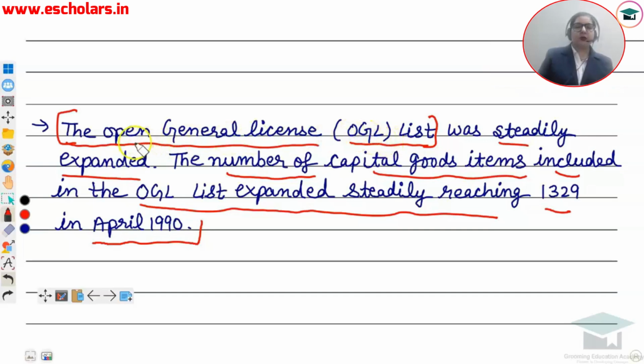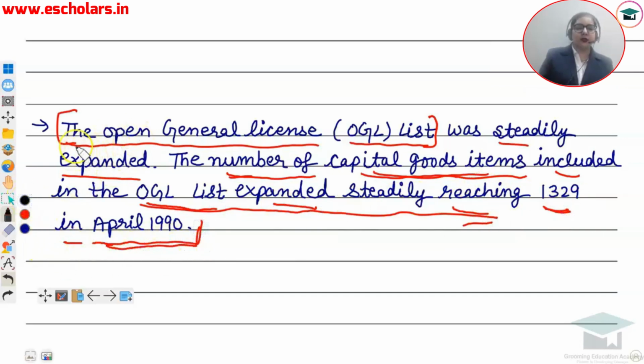So the Open General License list involves the names of those industries which can start, expand or diversify the industry without taking a license from the government. And the number of capital goods items included in the OGL list was increased, reaching 1329 in April 1990.